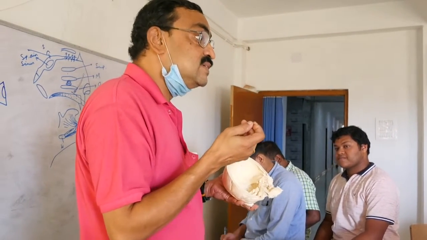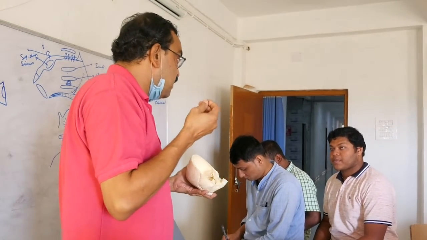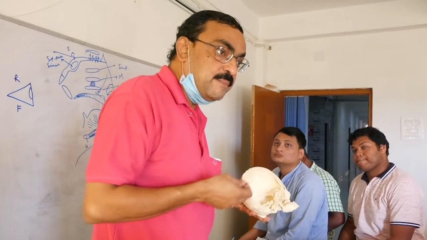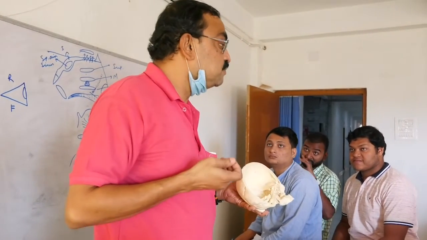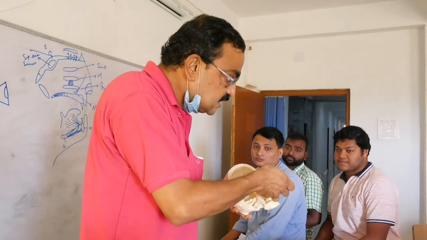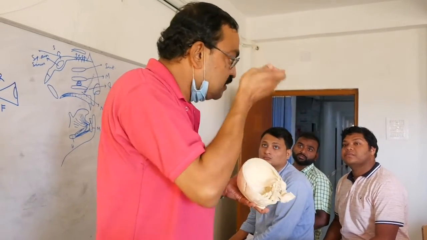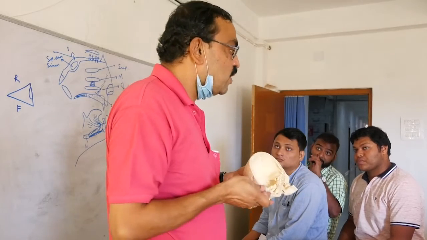So if the secretions are pent up within this cavity, it will not be easy to remove, because it is the dependent part, and due to gravity it will settle down to the lower part.